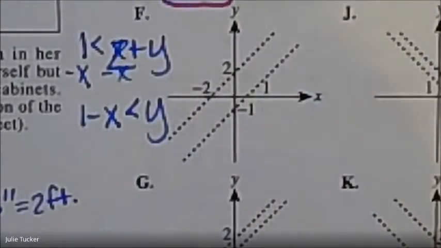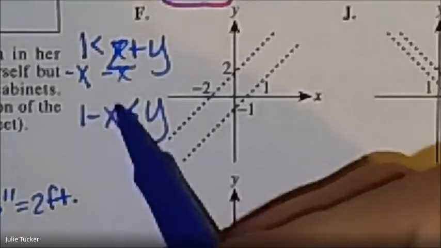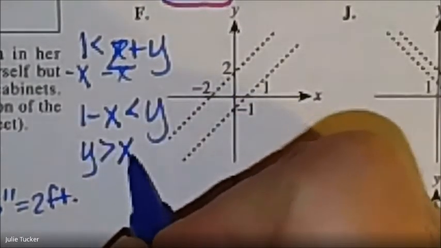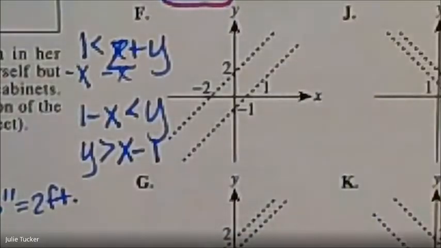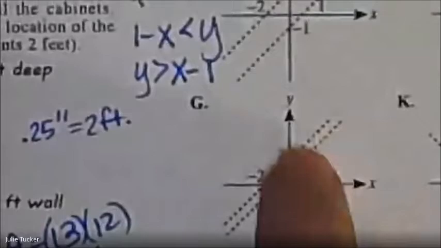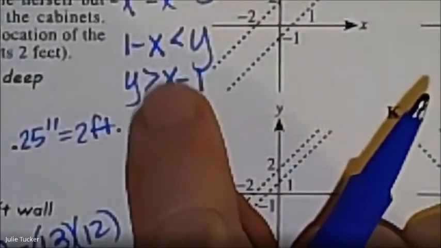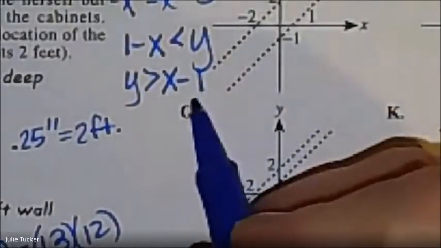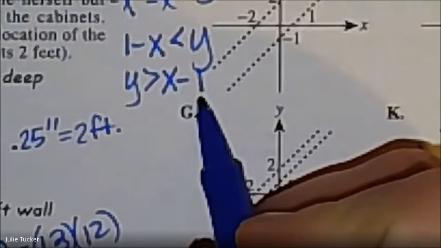But then that is backwards because we want y first. So now we're going to flip this around and say y is greater than x minus 1. Okay, so that means your slope is positive 1 and your y-intercept is negative 1.